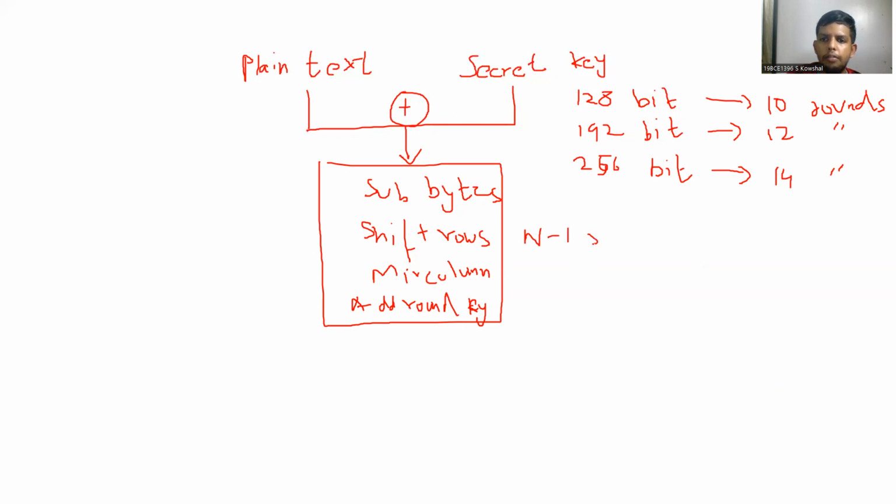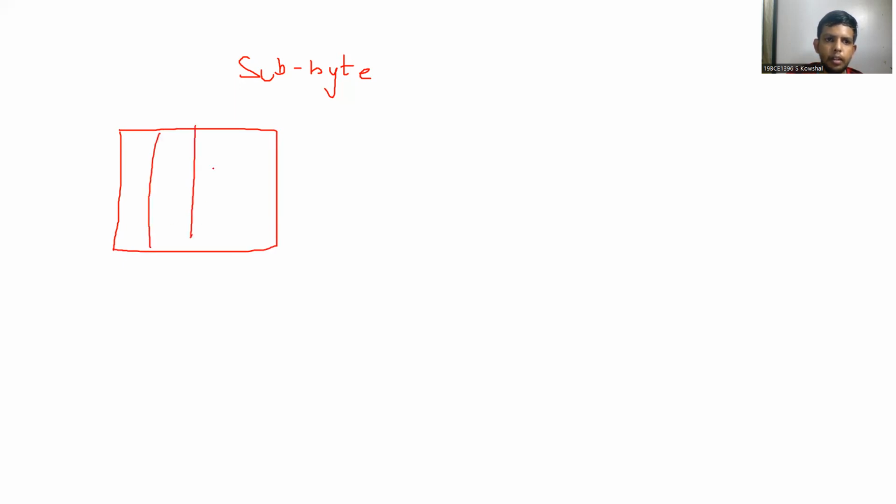So what does each operation inside each round mean? I'll explain it right now. Let's start with the first operation, that is SubBytes. The text we get is represented as a 4 by 4 matrix.